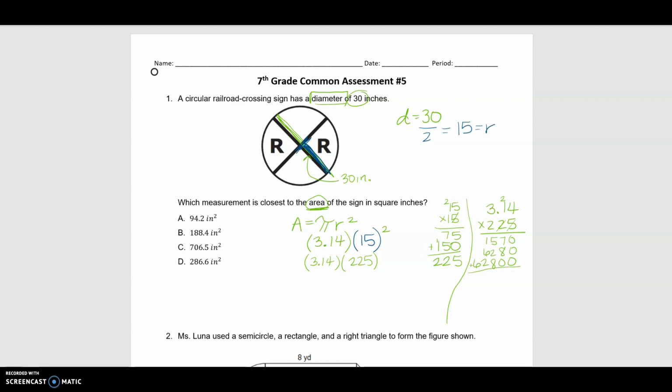I'm going to add them up. I have 2 numbers to the right of the decimal, so 2 numbers to the right of the decimal, so 706.50. So there we go.